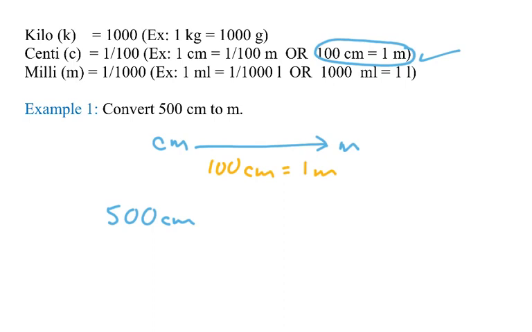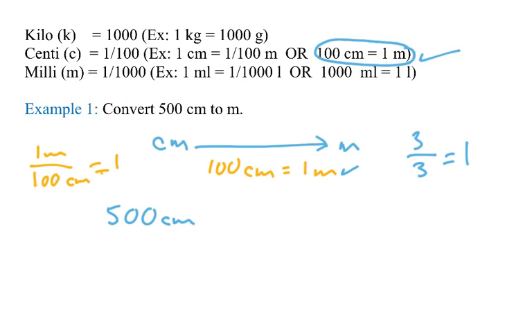And we can actually state that a little bit more generally in a more advanced video. So we do know that in mathematics, if you put any quantity over itself as a fraction, that fraction is equal to 1. If these two quantities are equal, therefore, putting one over the other would be equal to 1. So both 100 centimeters over 1 meter is equal to 1, and 1 meter over 100 centimeters is equal to 1.